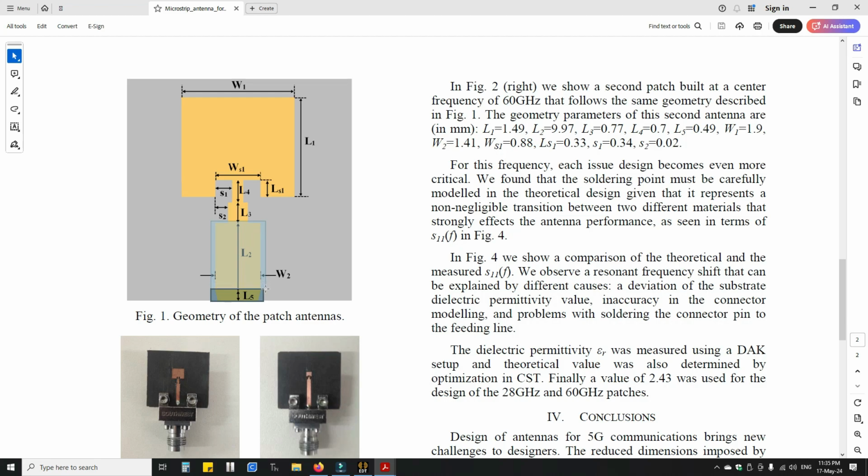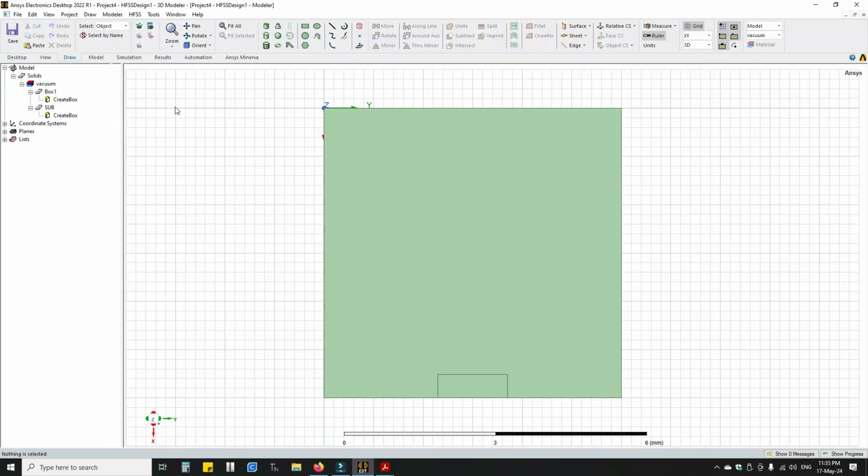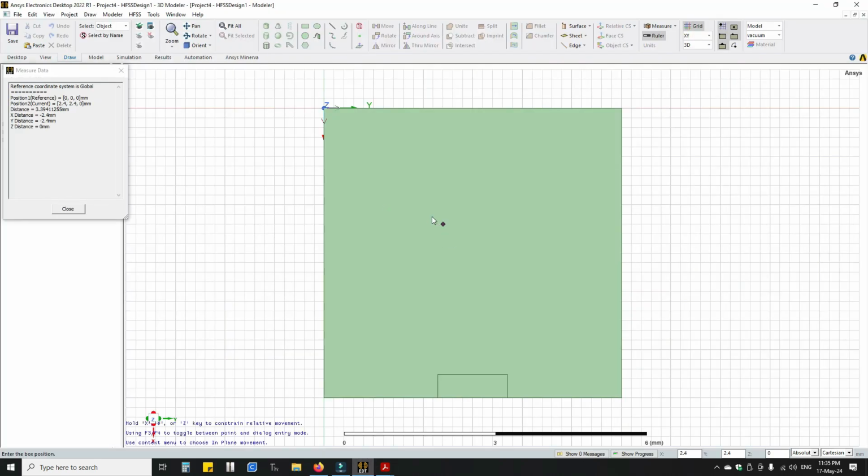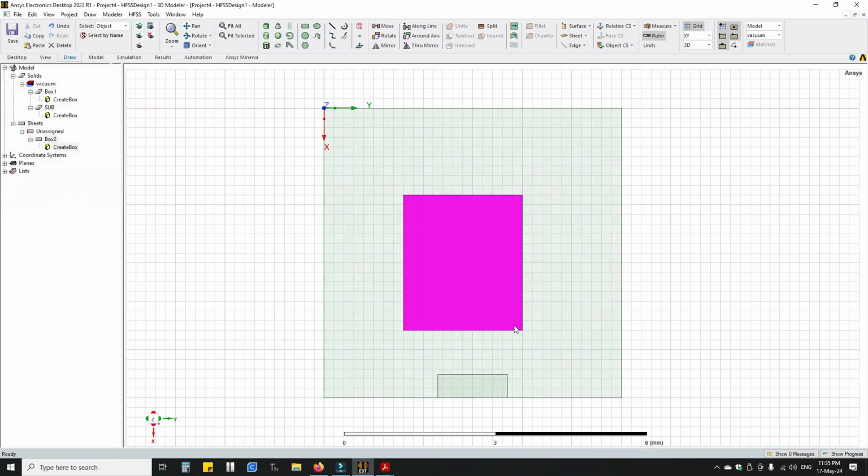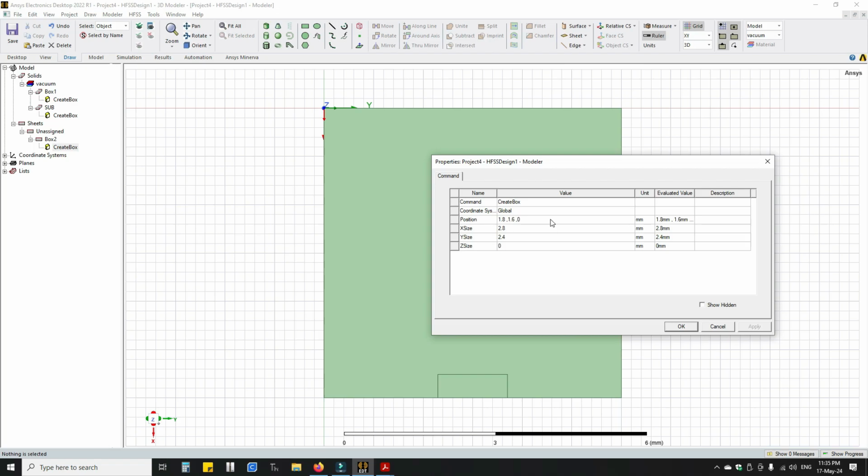We're going to add this one on top of this L5. The same way, go to boxes, draw the box. As we know, it is started at the thickness of the substrate. On the top, we're adding the metal thickness. Towards the right is W2.